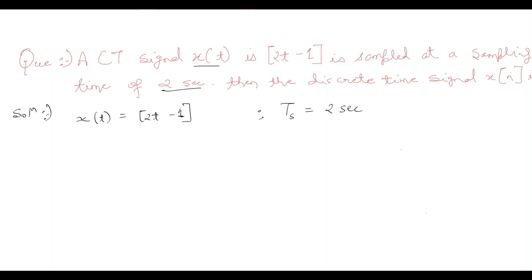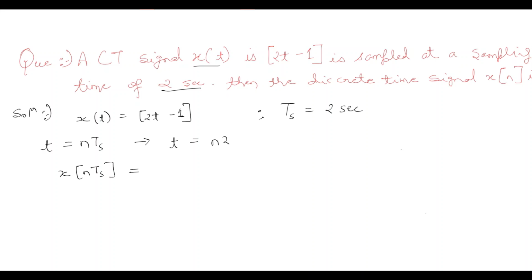So we will replace this t. We know that in sampling, this t is replaced as nts, where n is the number of samples and ts is the sampling time. So we have t equals n into 2 because the sampling time is 2. Now we will replace t with nts.